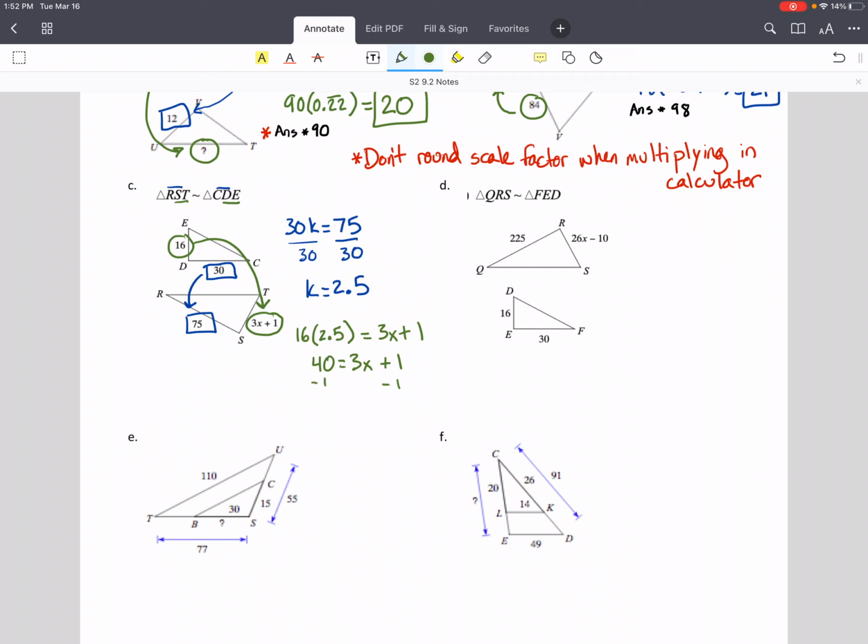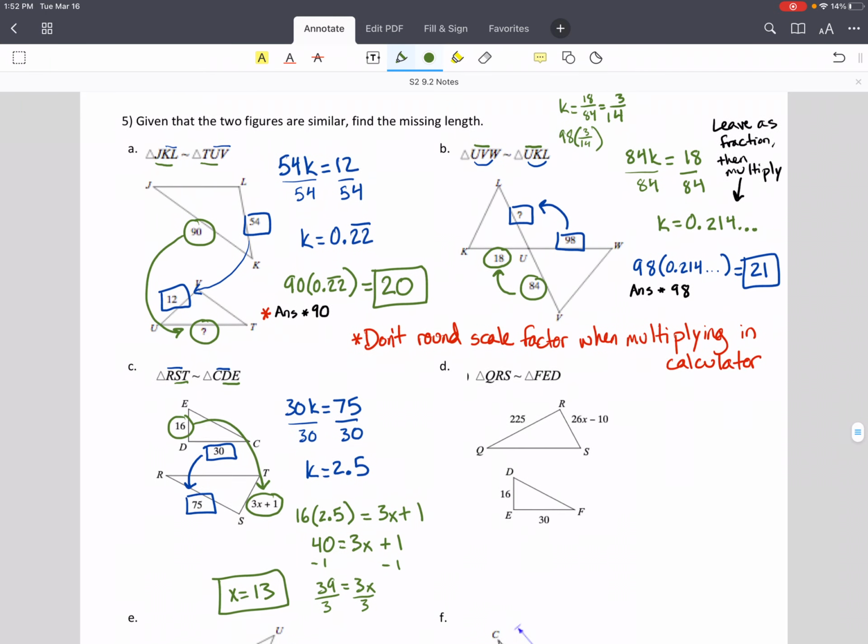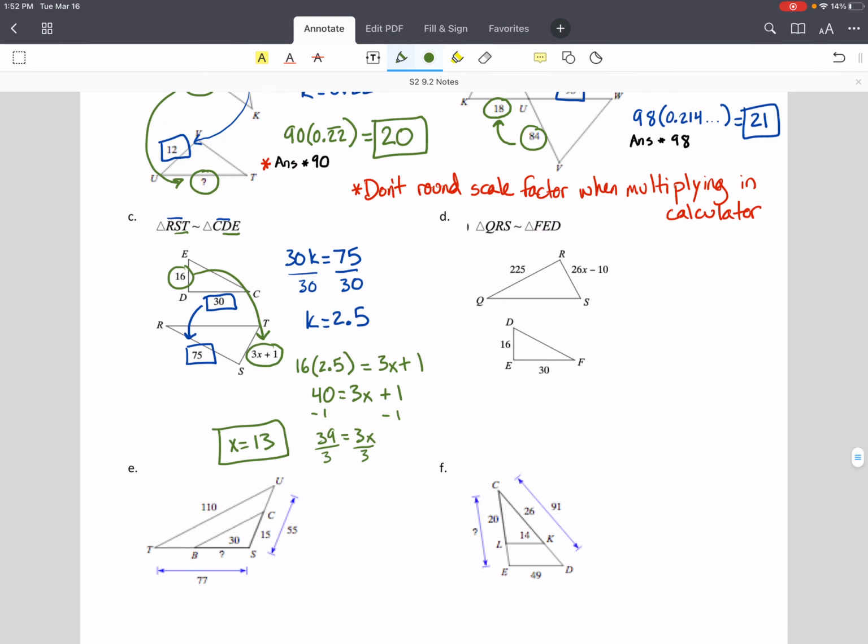So I can subtract 1, 39 equals 3x, and we get x equals 13. This is define the missing length, so we can use x equals 13 and then plug it back in. So I can say ST is equal to 3 times 13 plus 1, which we actually already did over here to get 40. So if you need to find it, you can just plug back in.